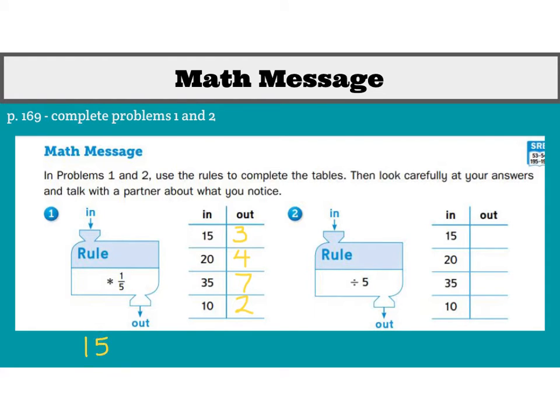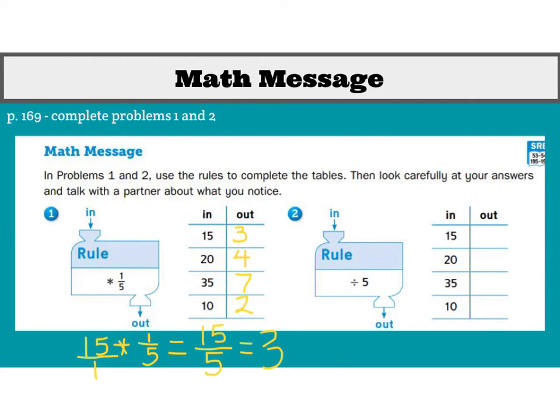So another way to think about that would be, if you set up the problem 15 times 1/5, we're going to pretend that this is 15 over 1. So you multiply 15 times 1 on the top, you get 15. And then you multiply 1 times 5 on the bottom, and you get 5. Well, 15 divided by 5, which is our fraction, 15/5, is 3.